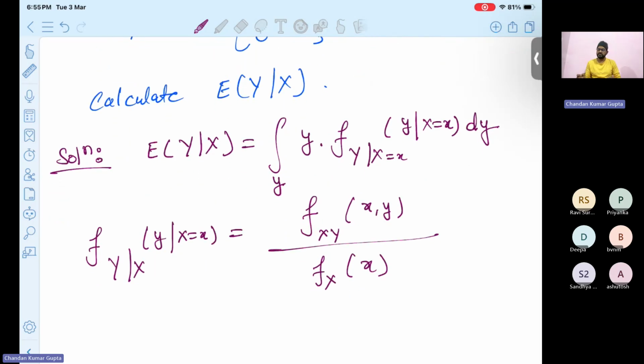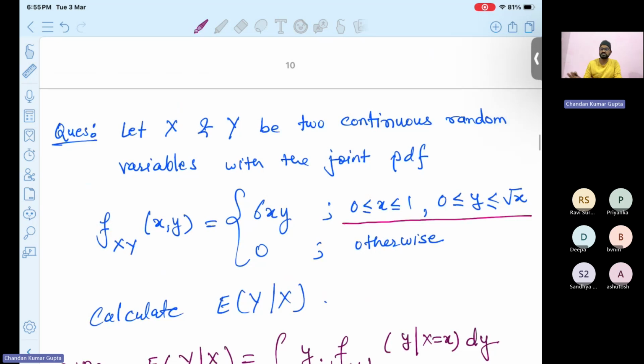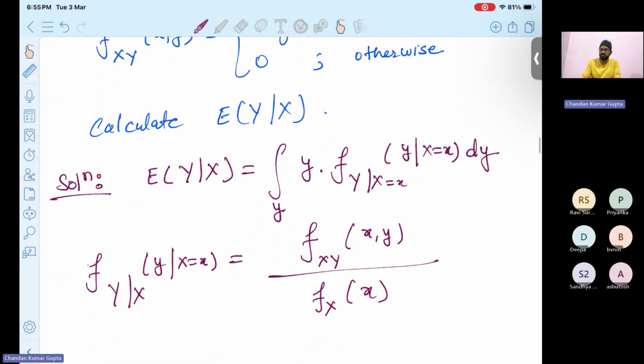Now, we are given only the joint. So from joint we find the marginal, then from marginal to conditional, and then using the formula, we can calculate the expected value of y given x. It's simple, there is only calculation.